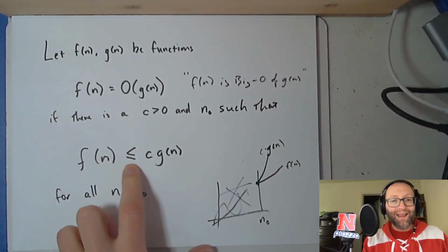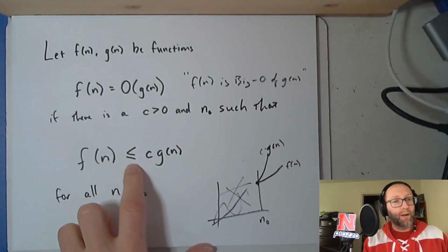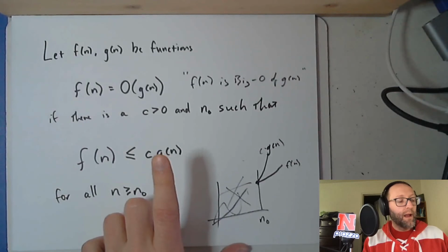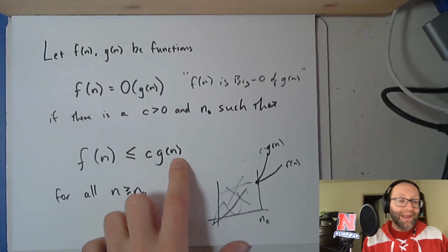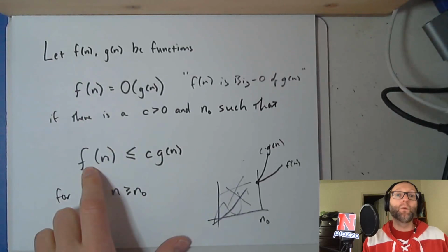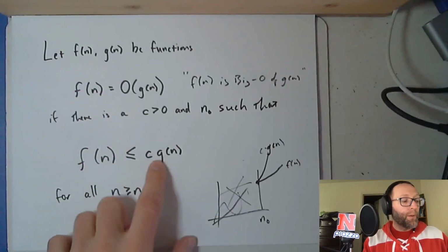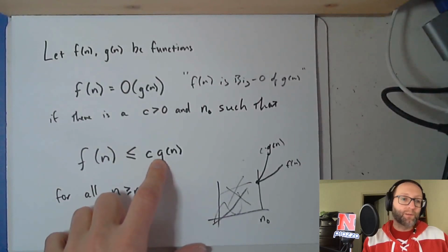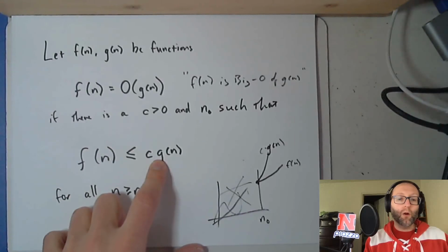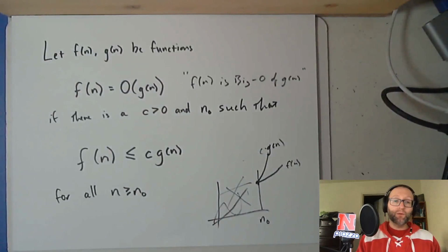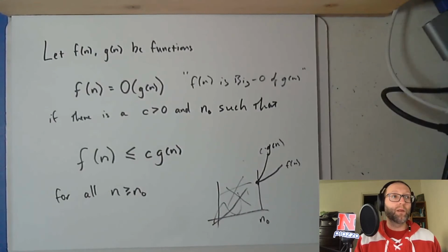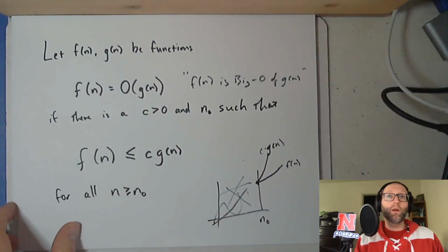And since we've got less than or equal here, it's more technically correct to say that this function is at least as big as this function with respect to their order of growth, or that this function is no bigger than this function with respect to its order of growth. That's the definition of big O.